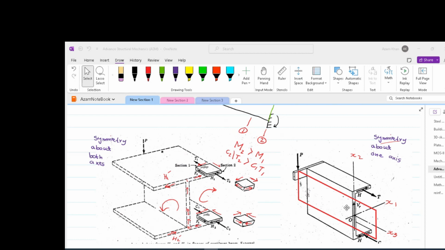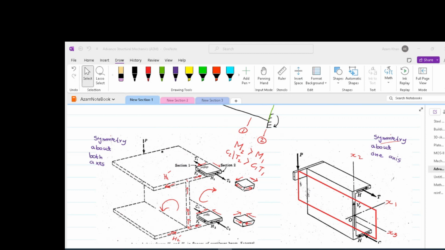However, in the case of channel section, which is symmetrical only about one axis, we get an internal moment which is not cancelled internally. So externally, we are forced to apply the load in the axis which is offset from the loading plane x2, x3.